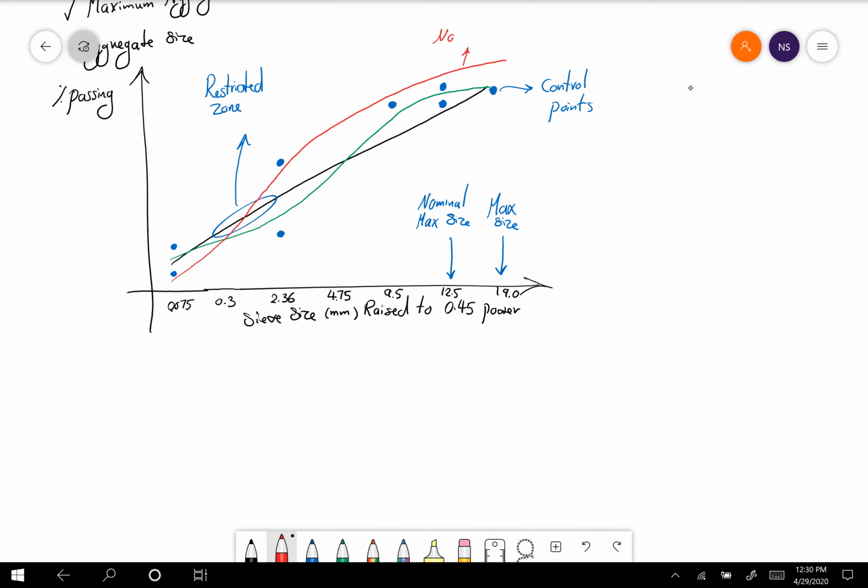So this one is not acceptable, and the other one is acceptable. That's how we check our aggregate size distribution.